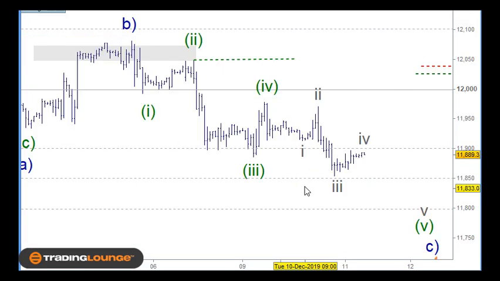So I think that what we could do here is make a few assumptions. So we should see a move down. It's either going to, well, it should take out the low. Probably be like this here. But that's the one that we want to go long on.